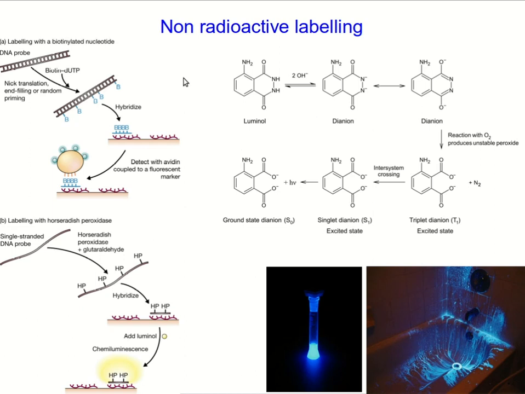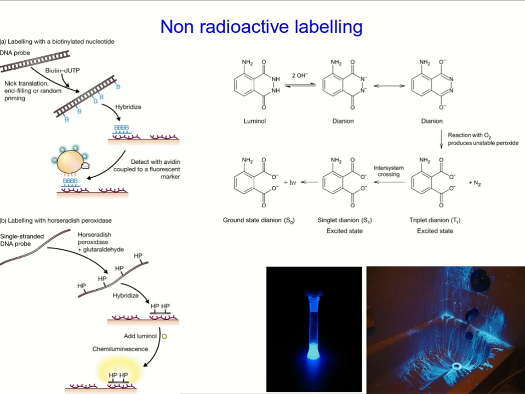Radioactive labeling requires expensive equipment and safety precautions. So non-radioactive alternatives are becoming more popular. 2 examples are shown here. DNA can be labeled with a molecule called biotin, which is a small molecule, and it can be detected by some kind of other molecule linked to avidin.